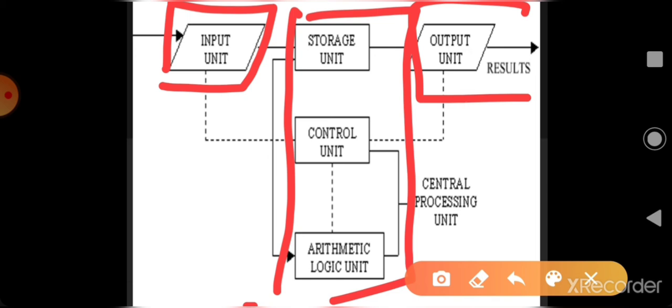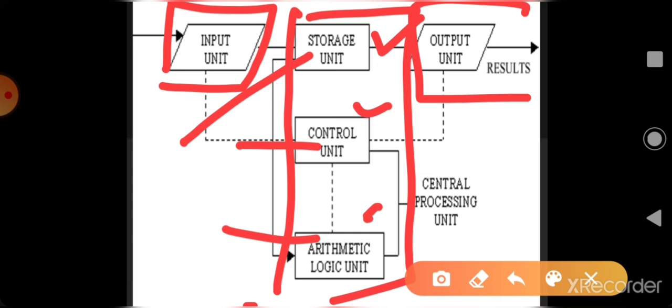These are the components of the computer, the major division of the computer organization. But inside the CPU, it is divided into three parts: ALU, CU, MU. ALU means arithmetic and logic unit. CU means control unit. MU means memory unit or storage unit. This is the main component of the computer.